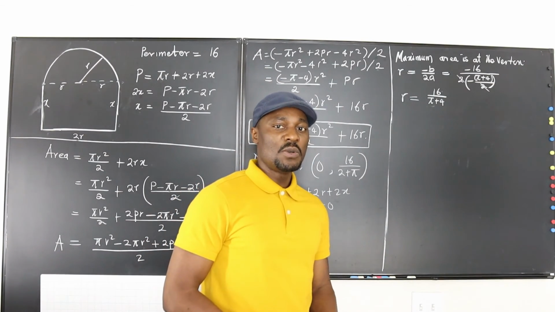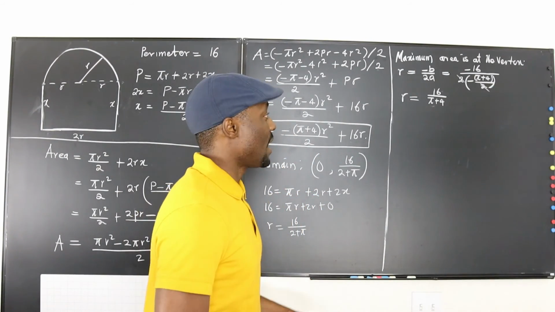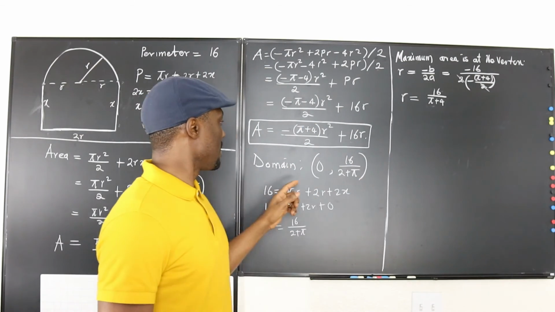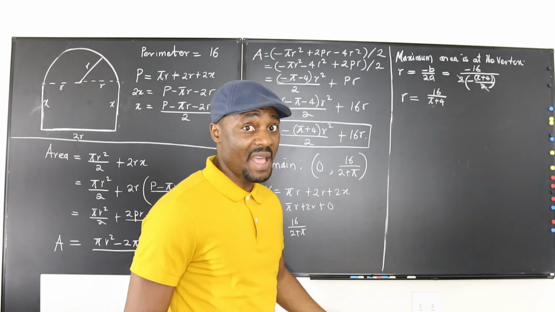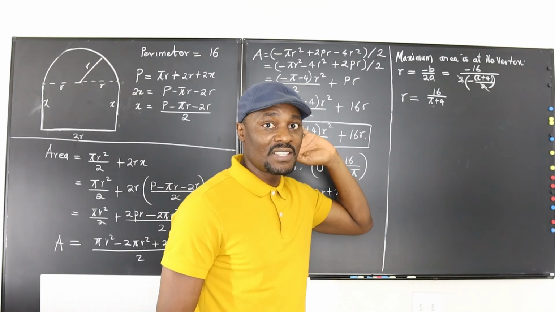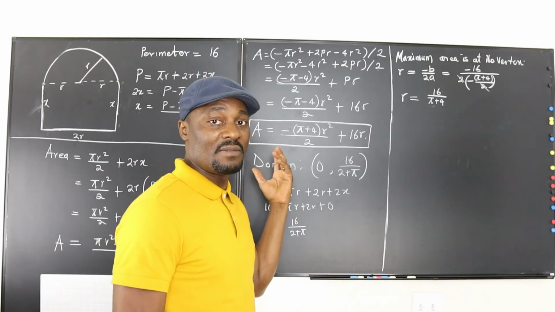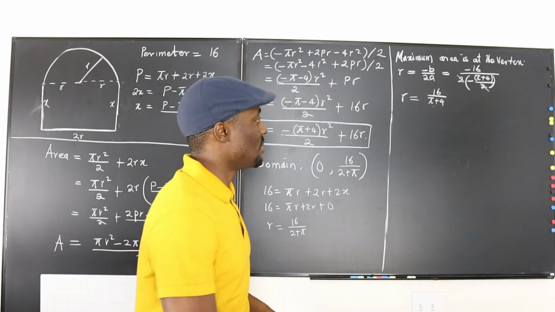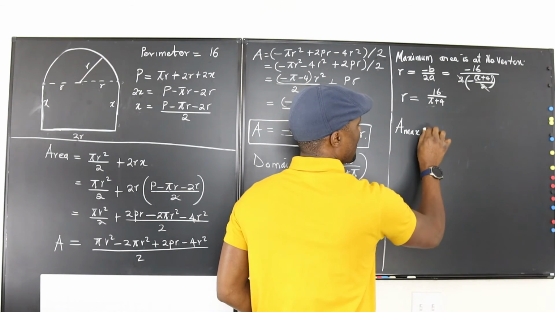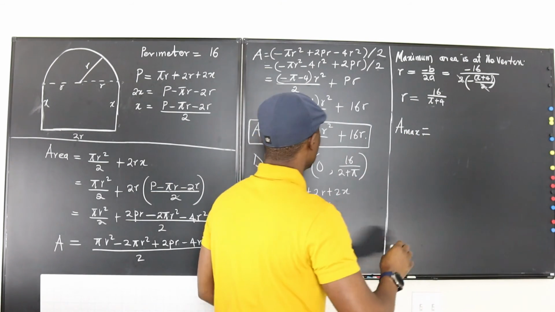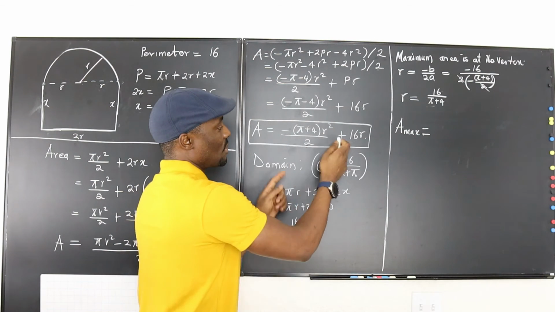So let's just compute the maximum area. We just need to take this number and plug it into the area formula, and whatever we get will be the maximum, because this r is the radius when the area is maximum. So A max will be equal to this times r squared.